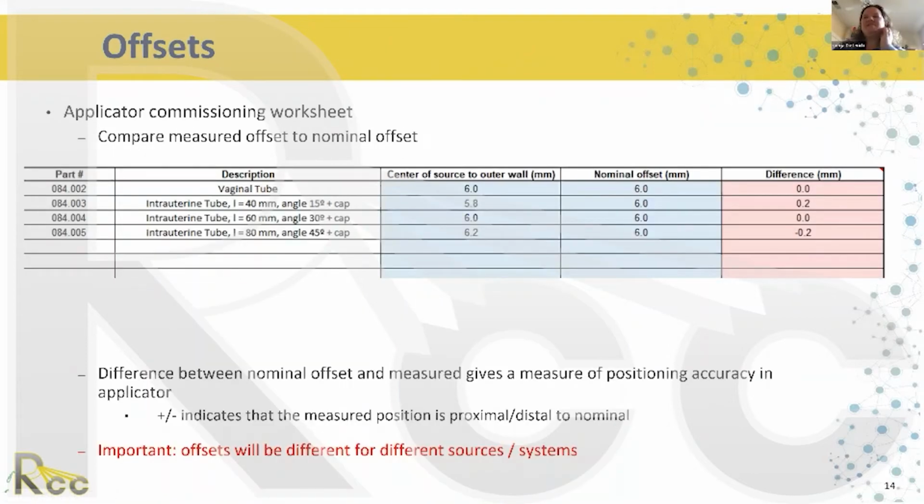Next slide, please. This is actually taped to our wall behind the treatment planning system. This is the applicator commissioning worksheet. There's the vendor part number, the description, and the center of the source to the outer wall offset. The left column is the one that you measured, the middle is the nominal offset that the manufacturer gave you, and the right is the difference. You can see that for different applicators there's some manufacturing tolerance, and you want to take this into account when you're treating.